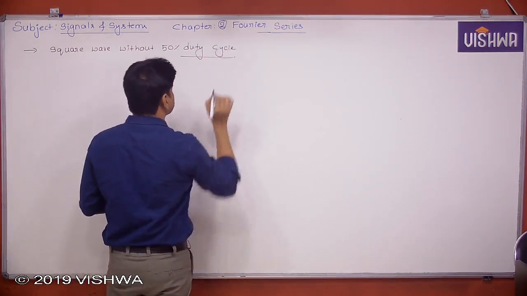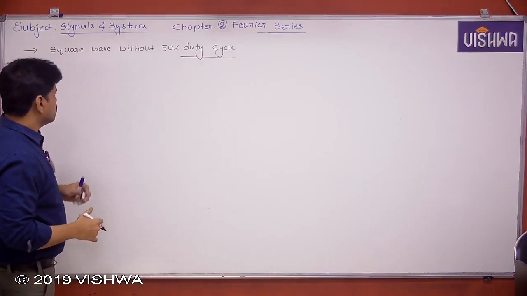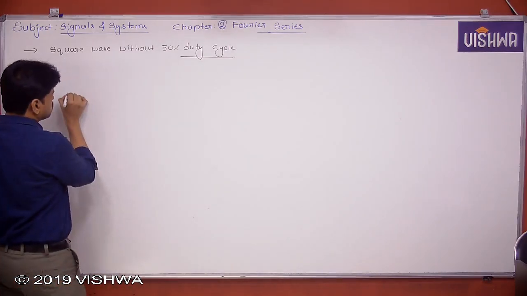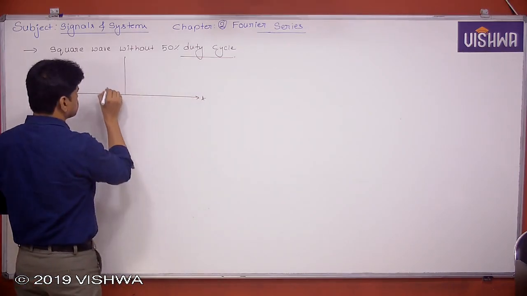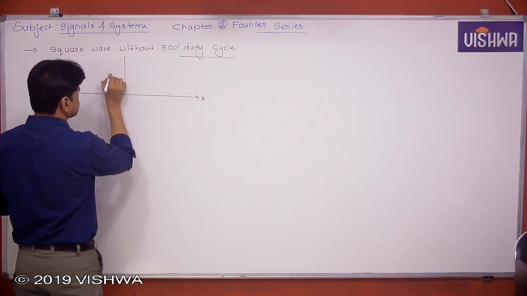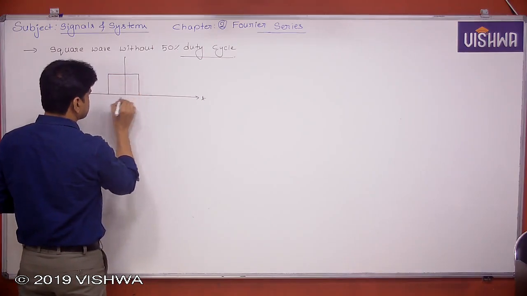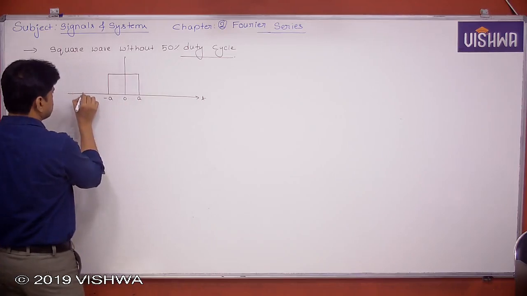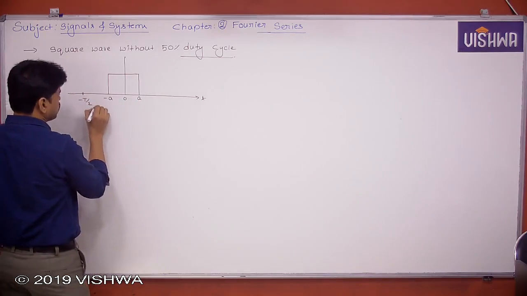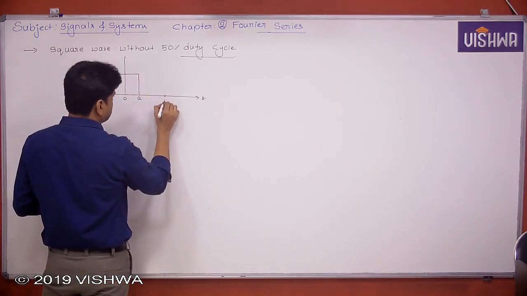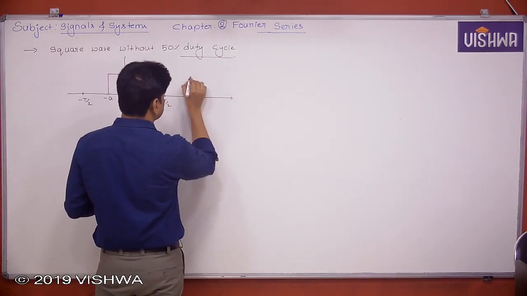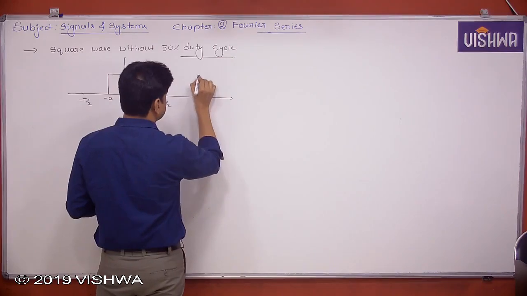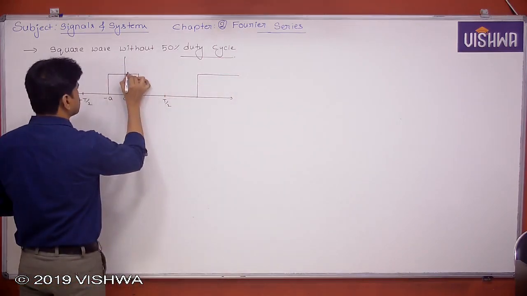Without 50% duty cycle. Let's see. Minus a, 0, a, minus T by 2, plus T by 2.